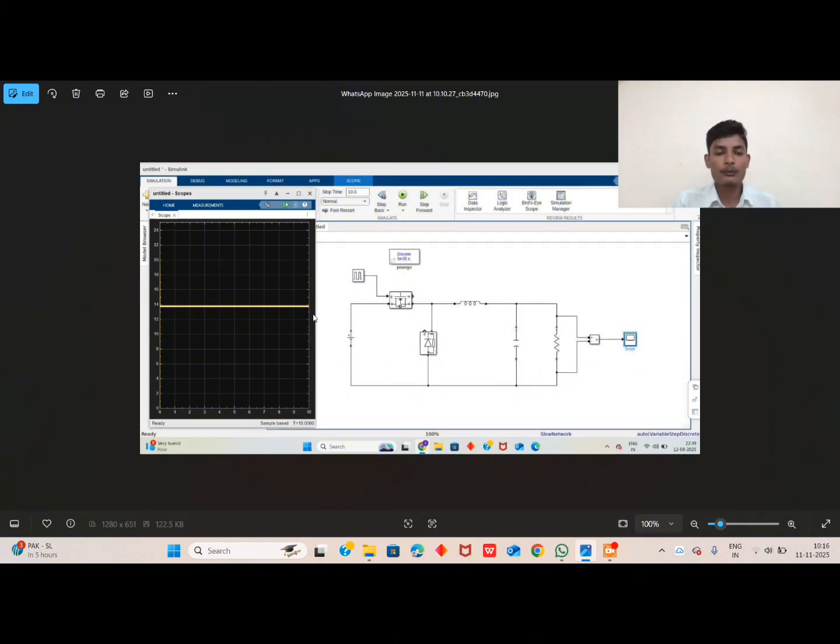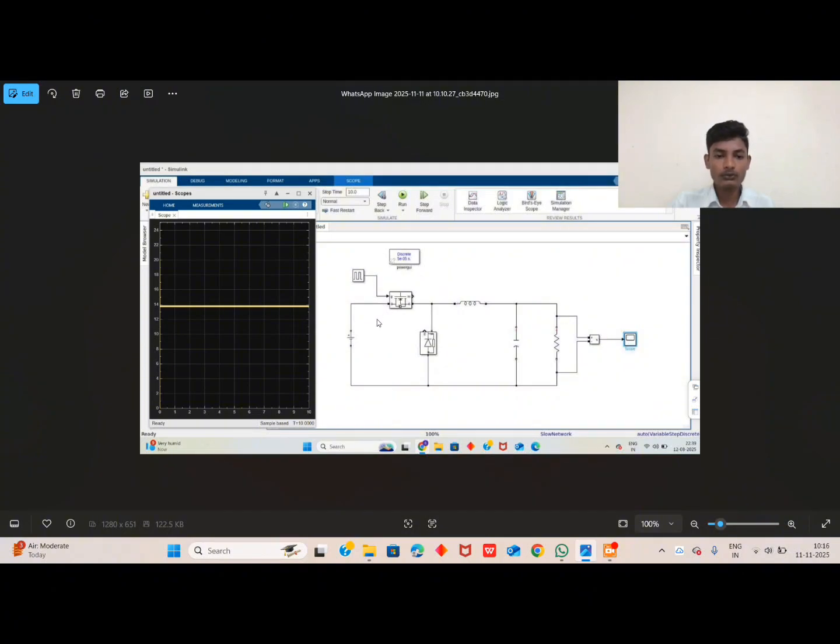For the simulation we need a MOSFET, diode, inductor, capacitor, resistive load, and a pulse generator to generate the pulse and give it as input to the MOSFET. Here is a DC source, a voltage source, and a scope to visualize the waveform.